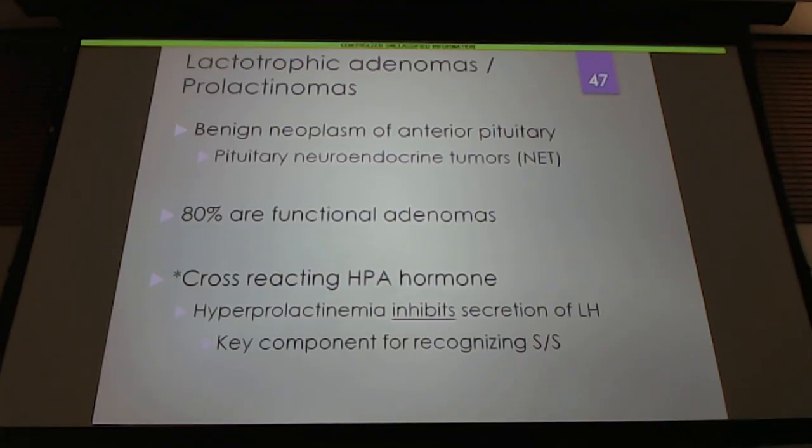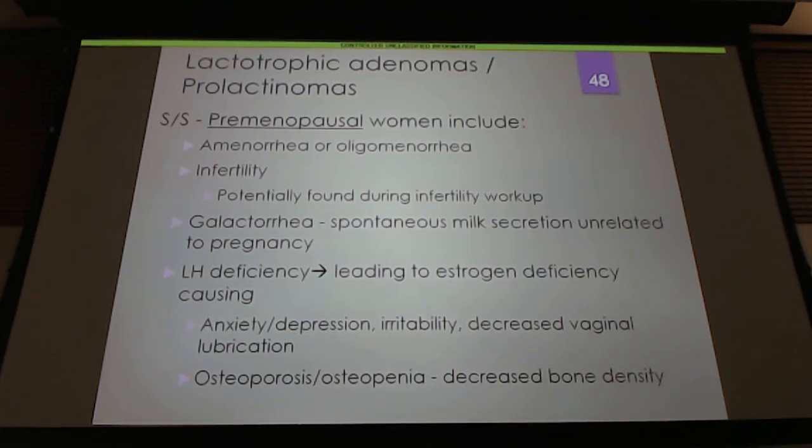Okay. So again, these are benign, and 80% are functional, so they're going to come in with symptoms. Our second exception to the rule is that as prolactin goes high, so I have high prolactin, or hyperprolactinemia, we're inhibiting LH. And we'll talk about what that looks like in presentation. So this is our pre-menopausal patient.